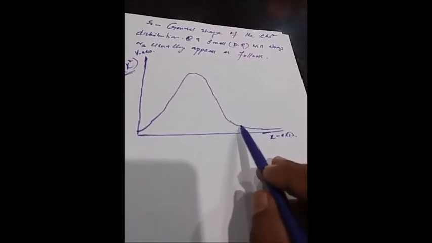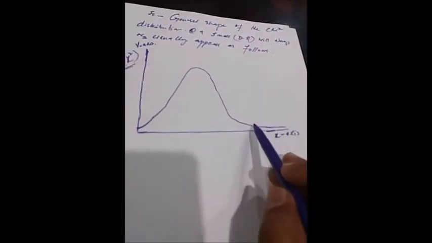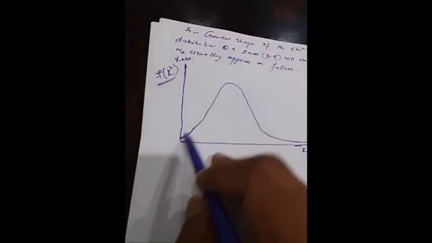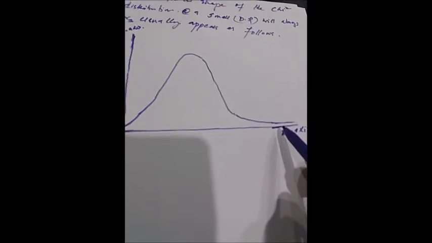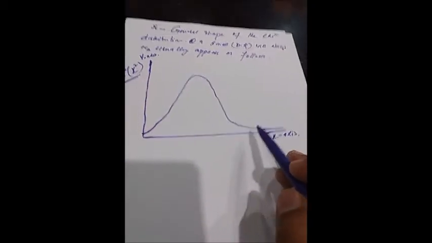If the tail increases from any side, either right or left, it means this is a skewed distribution.